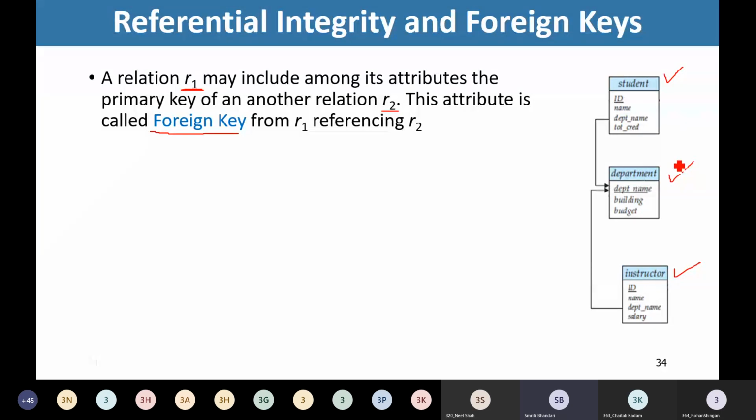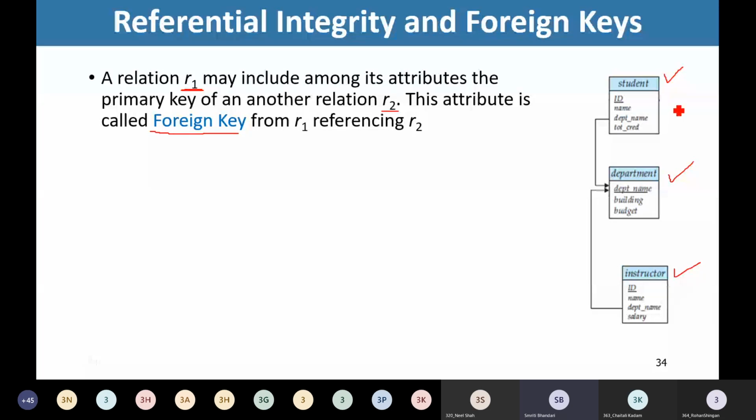Okay, now if we look at this relation student, we are having the attribute department name in this relation student, right? And this department name actually is the primary key of another relation, that is department.